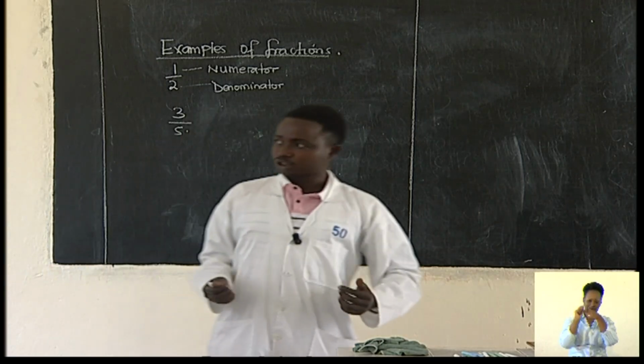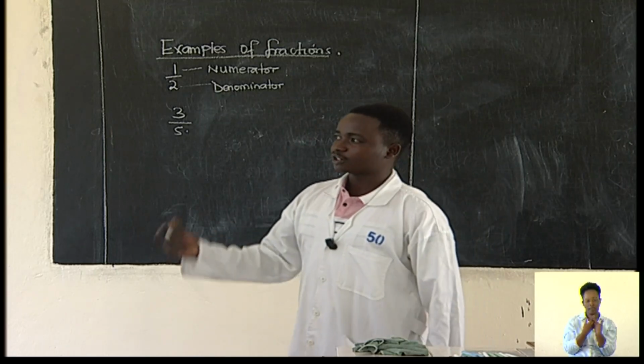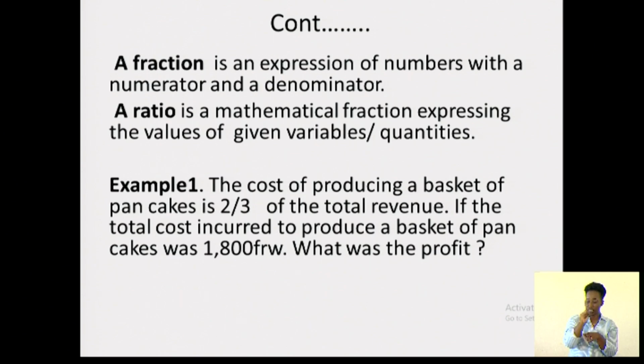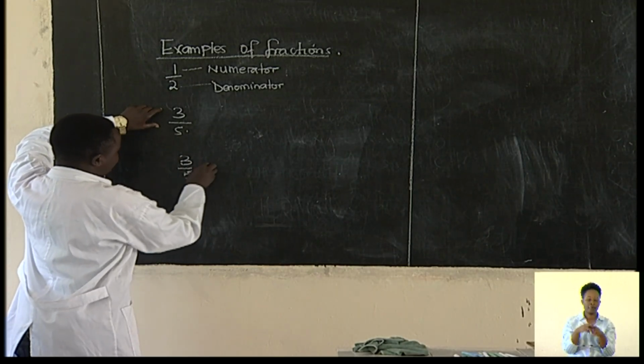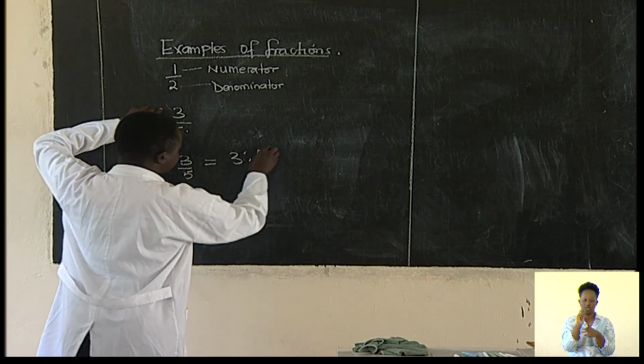There are two things which are related, a fraction and a ratio. A ratio is a mathematical fraction expressing the values of given variables or quantities. If it is 3 out of 5, we can indicate this in terms of ratio, 3 to 5.